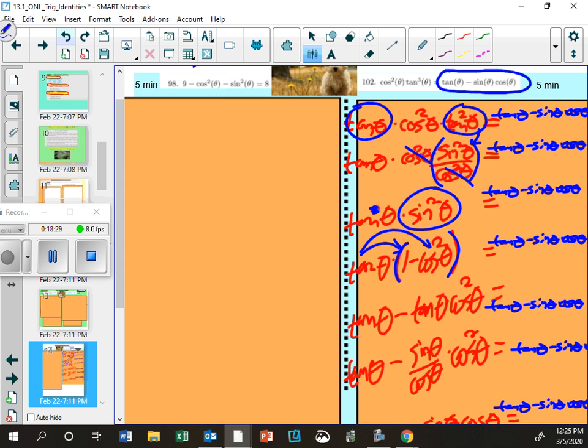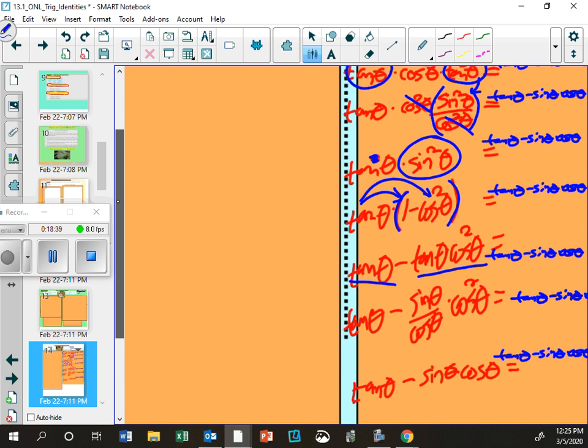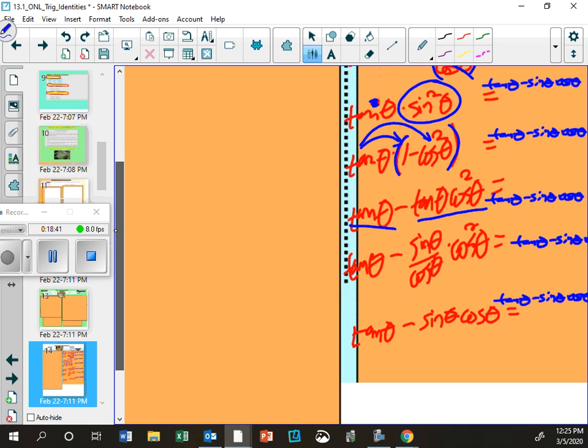All right, so after this gets distributed out, do you see we have this? That's just distributing. Just multiplied it out. Then, again, you look over at your answer and go, well, I still need a sine somewhere. Oh, I can pull out tangent and put in sine over cosine. See how tangent turns into sine over cosine?